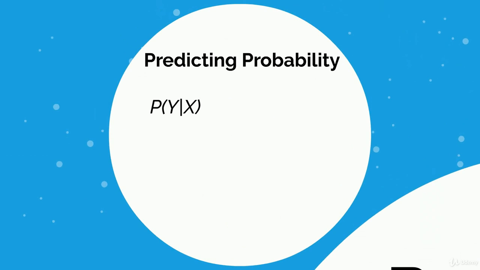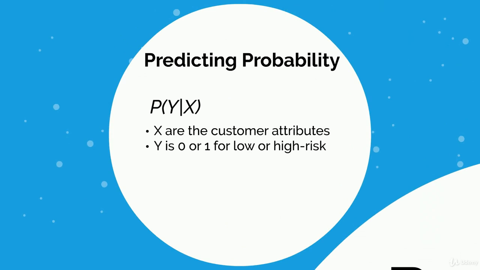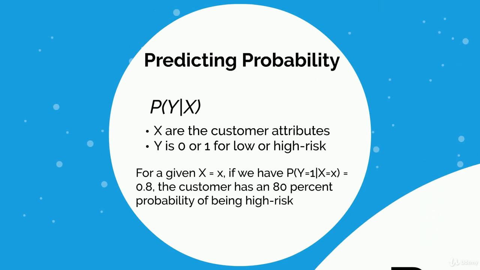In some scenarios, you might want to predict probability. So instead of just an output of high risk or low risk, you'd actually want to develop a probability that they would be high risk. And so we're going to talk a little bit about this later when we get into probability theory.